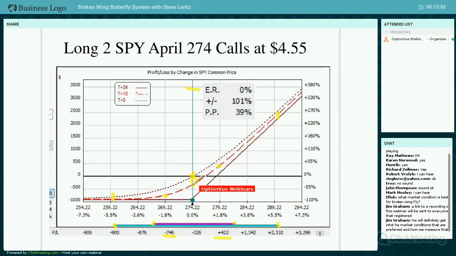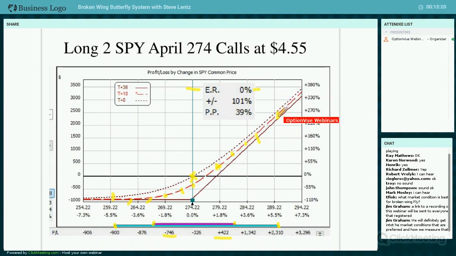Then we have 1, 2, 3, 4, and then 1, 2, 3, 4. And so what we do is we look at all of those levels of gain or loss along that T plus 18 line, each one multiplied by their probability of occurrence. You average those together, and in this case, we're getting an expected return of 0, 18 days out.